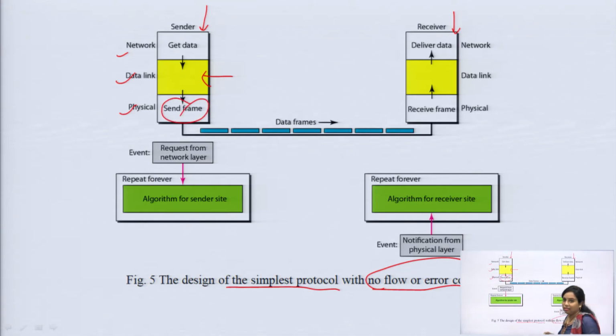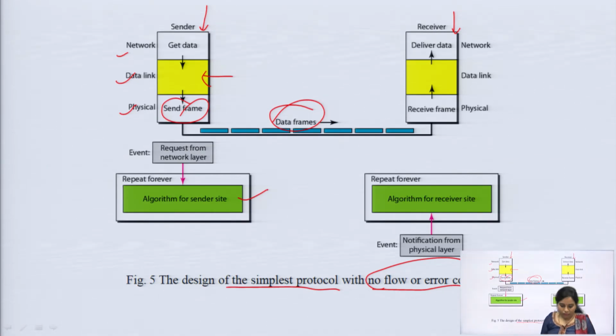Now, these data frames will be transmitted from the sender side to the receiver side. Then an event occurs, as you can see in this diagram: a request from the network layer, and the repeat forever algorithm for the sender side.